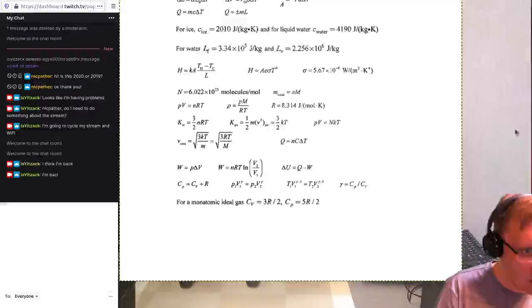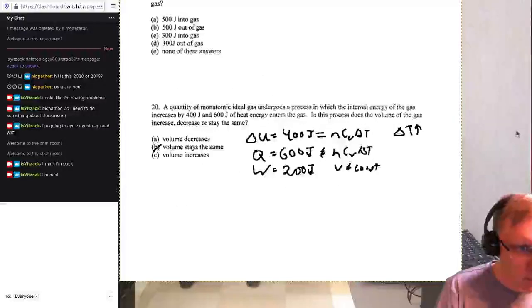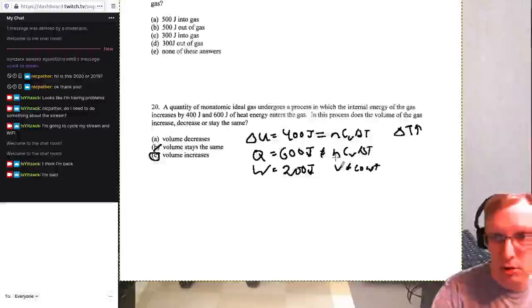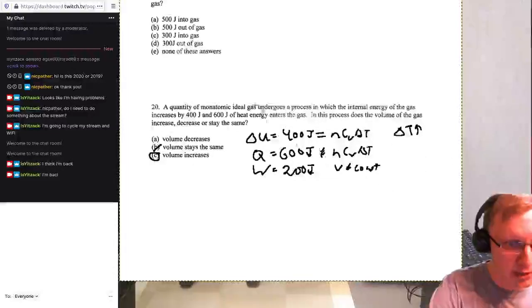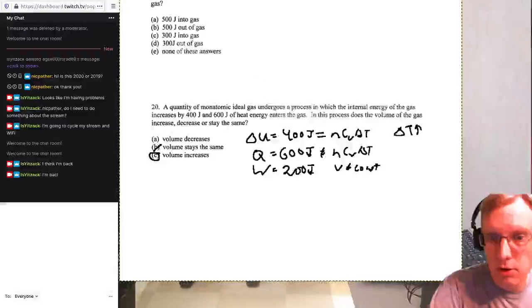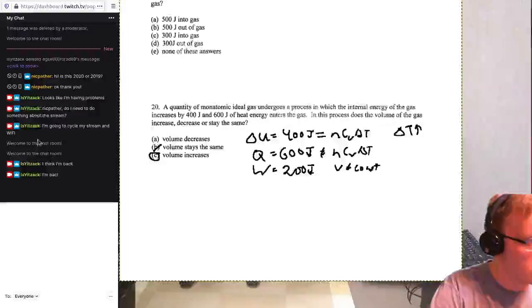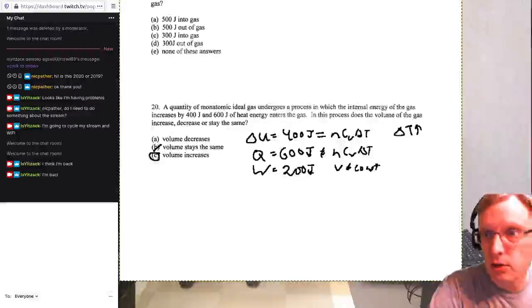I'm not seeing the constants I was looking for, which is unfortunate. So I would say that volume increases given that the temperature has increased, and that volume is in fact not constant. Let me find out if that is correct. That would be most weird if I was not correct.